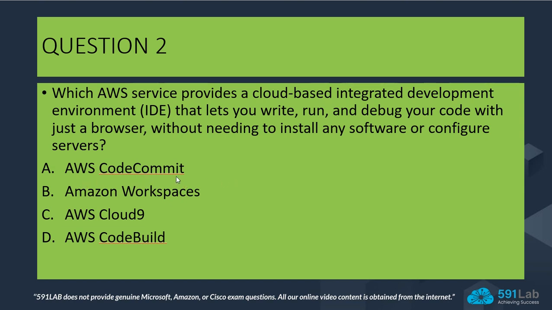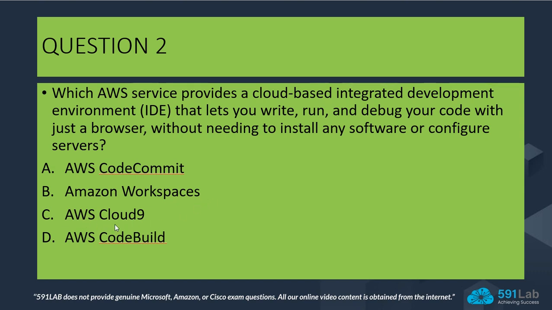AWS CodeCommit is similar to Git, and it's used in the code pipeline tool. Similarly, AWS CodeBuild is also used in the code pipeline tool in order to build the code. The other service, Amazon WorkSpaces, is basically a virtual desktop from AWS.